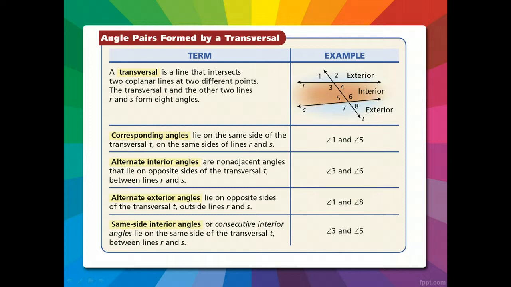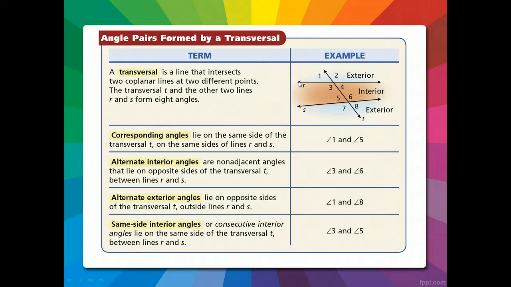Corresponding angles are sometimes hard to understand, so let's think about it as being in the same position. They lie on the same side of the transversal T and on the same sides of R and S. For example, 1 and 5.